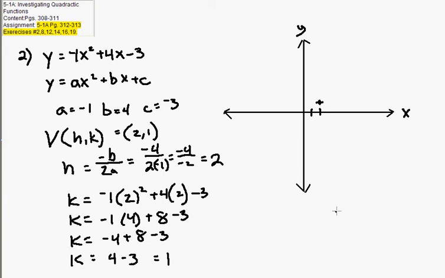Alright. So my line of symmetry then is going straight through that vertex. It's a vertical line.